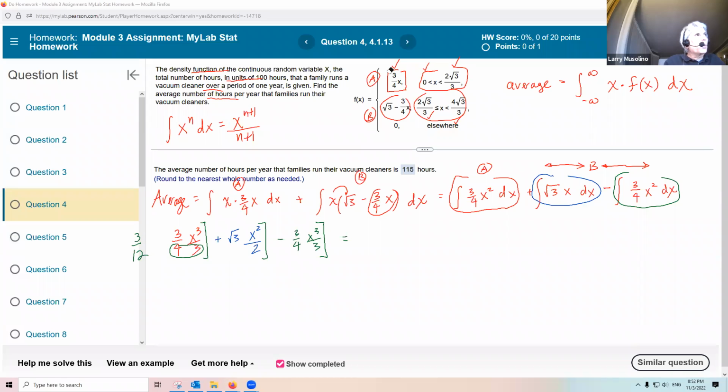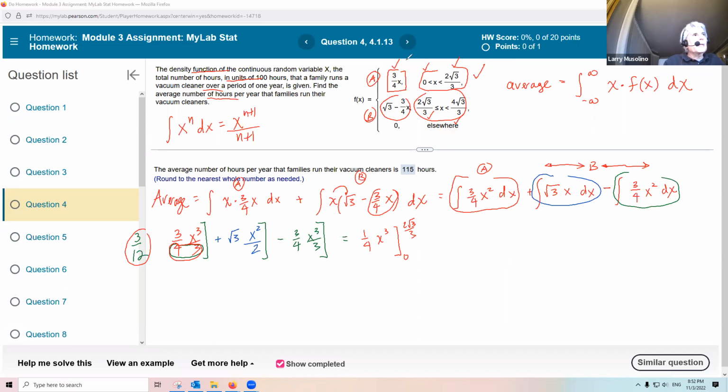Again, I multiplied 4 times 3, that's 12. 3 over 12 is 1/4. So that's 1/4 x to the third. And let me plug in the limits here. Our limits are going to be from 0 to 2 square root of 3 over 3, because I'm using these limits right here for part A.